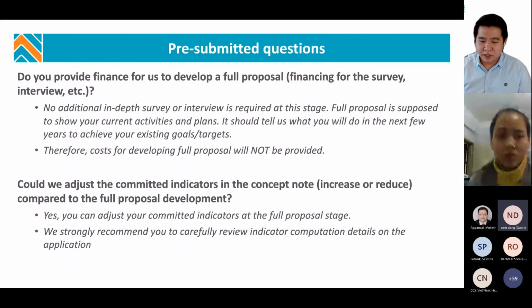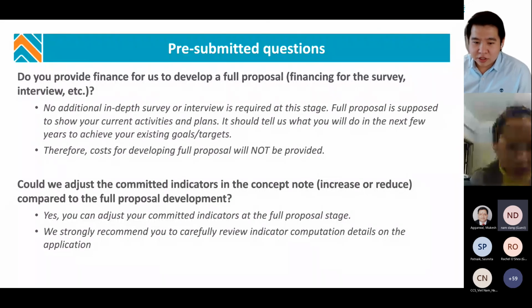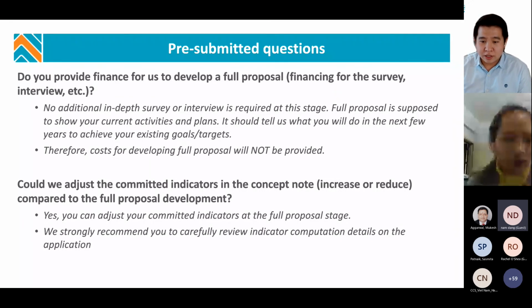So, to summarize, the cost for developing this full proposal will not be provided, as mentioned previously. The second question: could we adjust the committed indicator in the concept note, increasing or decreasing it at the full proposal stage? The answer is definitely yes.